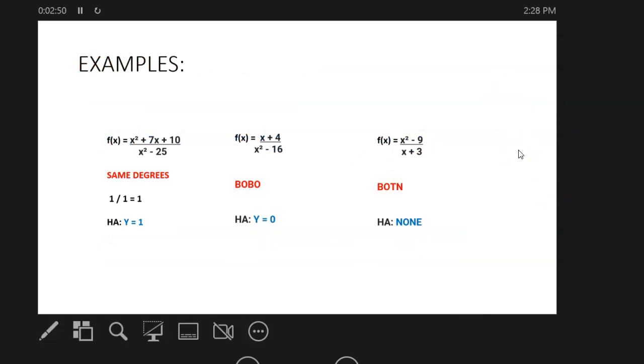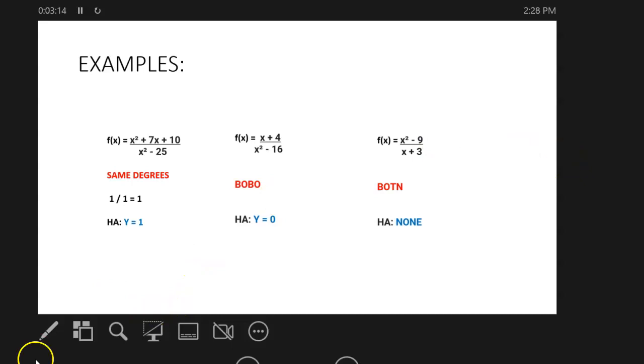All right, examples of this. The first one is dealing with when the degrees are the same. If we look at the rational function, on top we have the trinomial x squared plus 7x plus 2. The degree of that trinomial is 2. On the bottom, we have x squared minus 25.